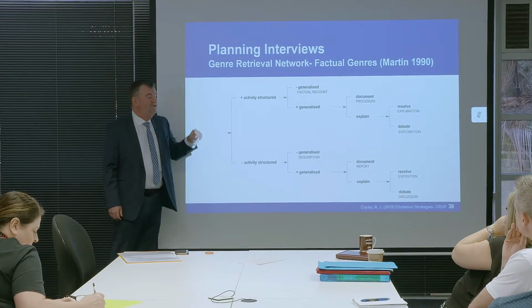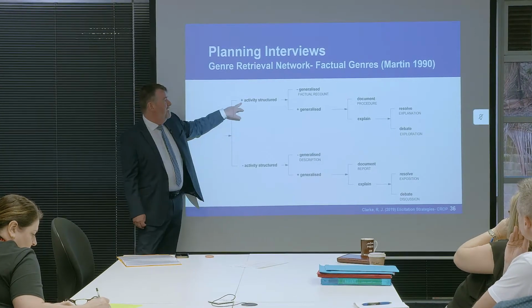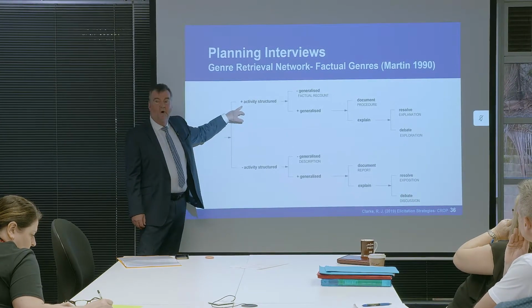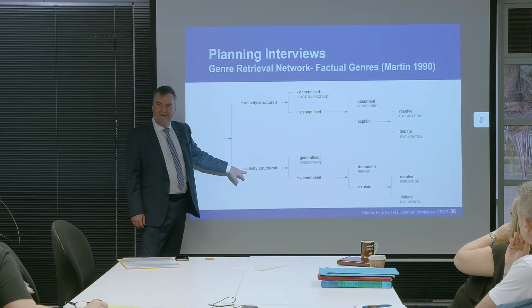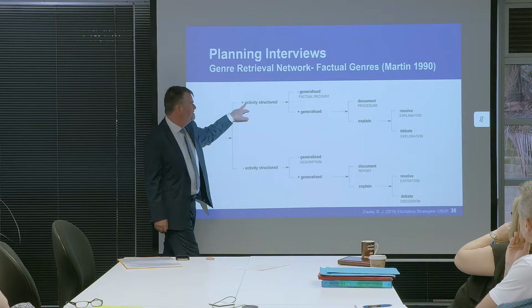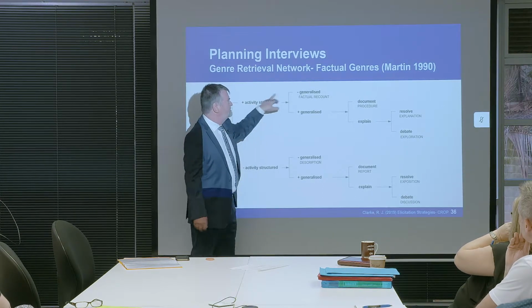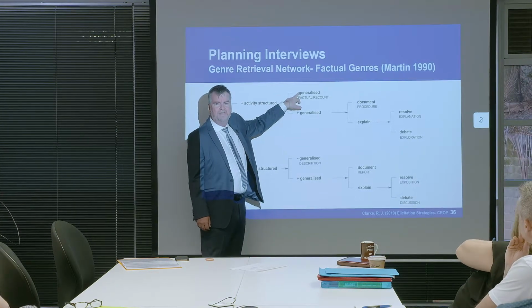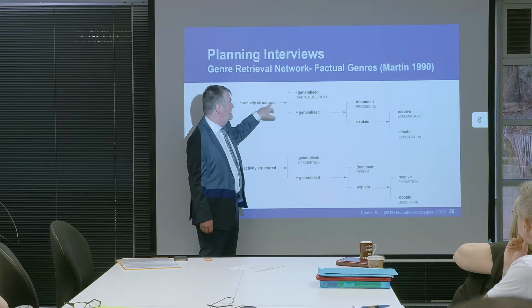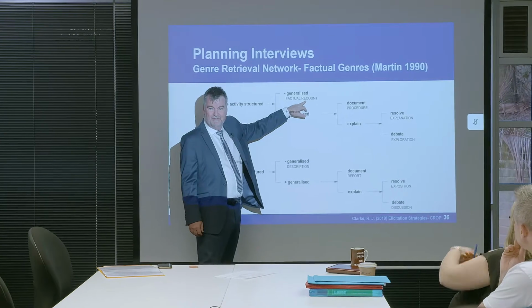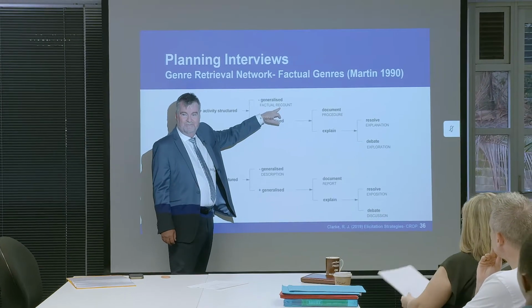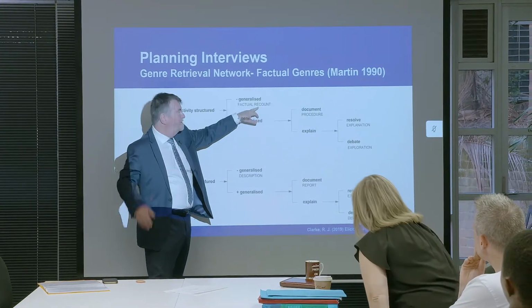So for factual genres, I've either got activity structured factual genres or I've got non-activity structured factual genres. And if I want to create a specific kind of activity structured factual genre, I'll use a factual recount. It relates to the specific experience that somebody's having.